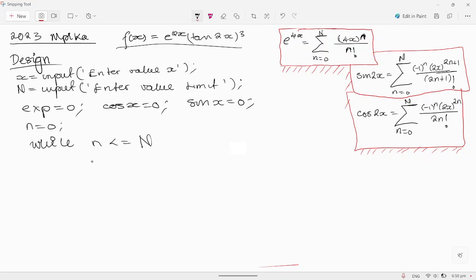We're going to say exp for exponential is equal to exp plus 4 times x, all of this to the power n, and divided by factorial n.